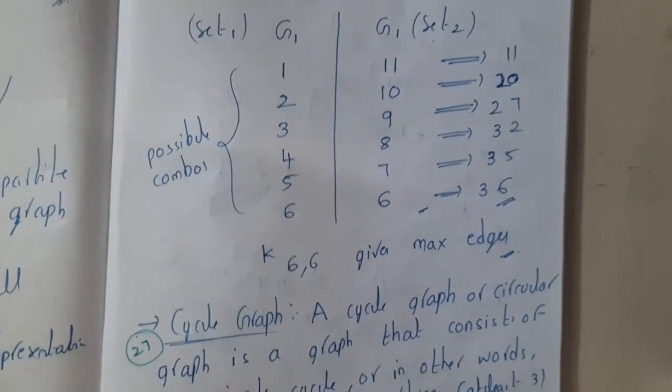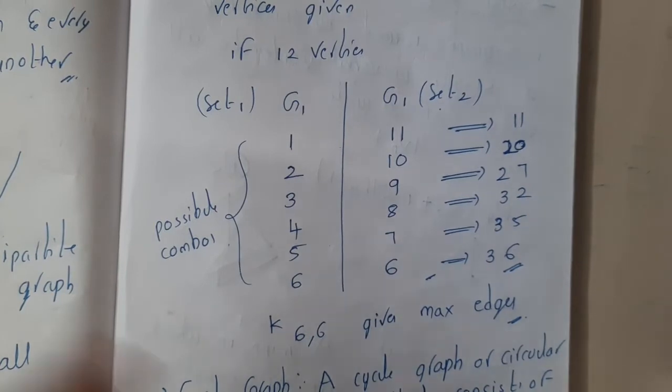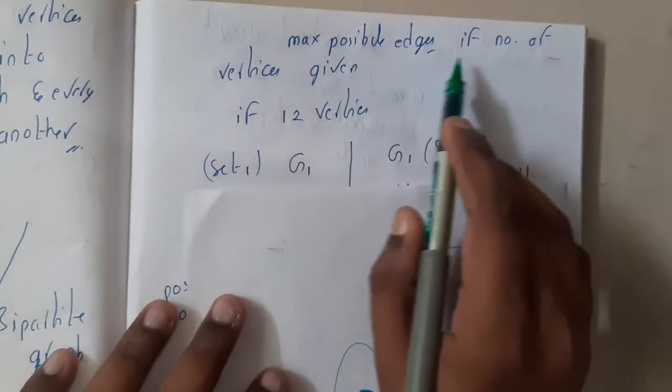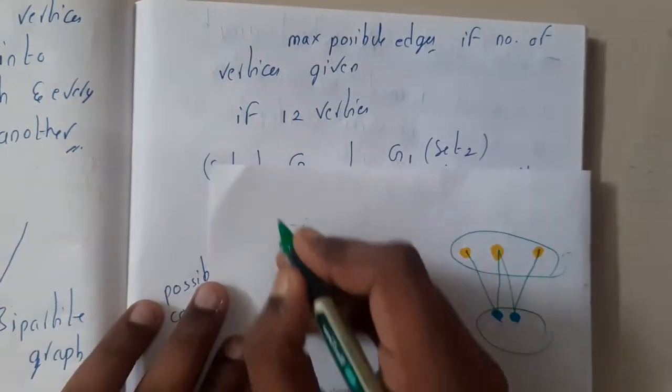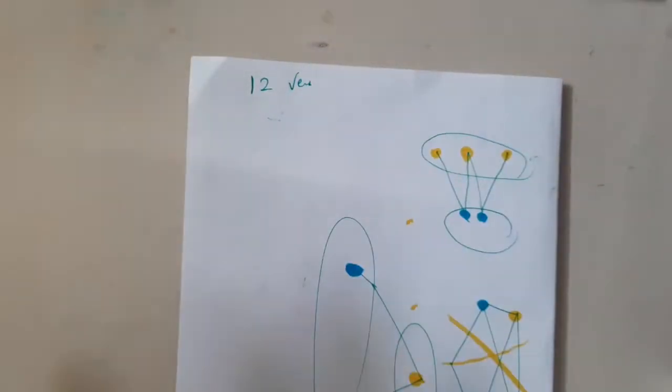In examinations there is one more popular question, that is the maximum possible number of edges in a bipartite graph, which they will ask, guys. The concept here is quite simple. They will give the number of vertices and ask for the maximum possible edges. Say 12 vertices are there and you can divide them into two sets.